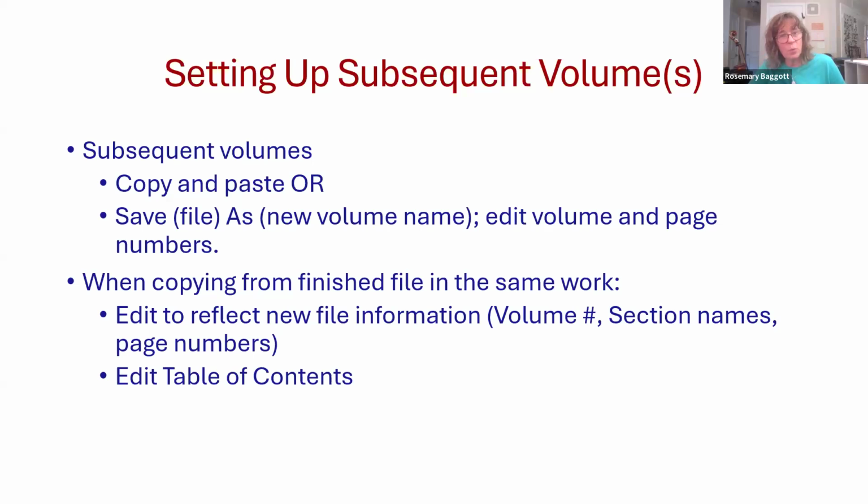If I've finished volume 1 and I know that's where I want to end, then I will make sure I've saved that. Then I will save as volume 2 and open that volume 2 and edit the title page and table of contents, remove the information that belonged to volume 1. And that way I retain my preliminary pages.